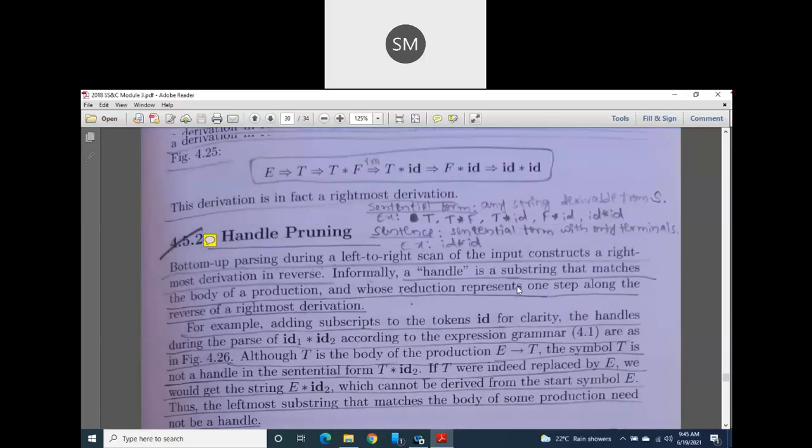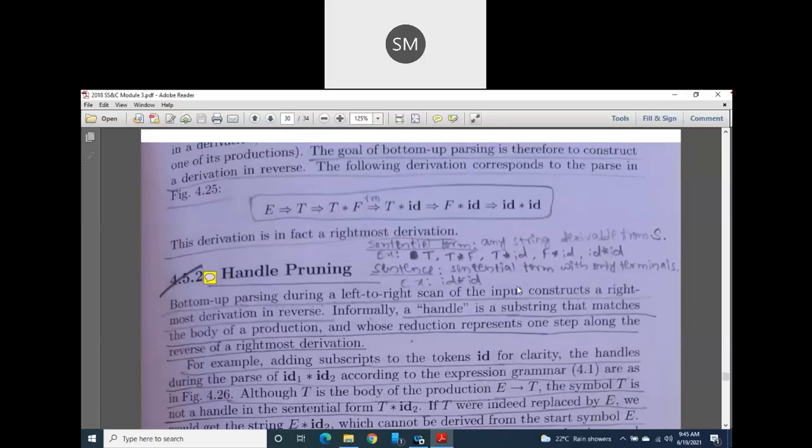Here we are performing the rightmost derivation, because bottom-up parsing is possible only with LR grammar. The start symbol is capital E, and E derives T, and T derives T star F. In this entire sequence of derivations I am using rightmost derivation only.